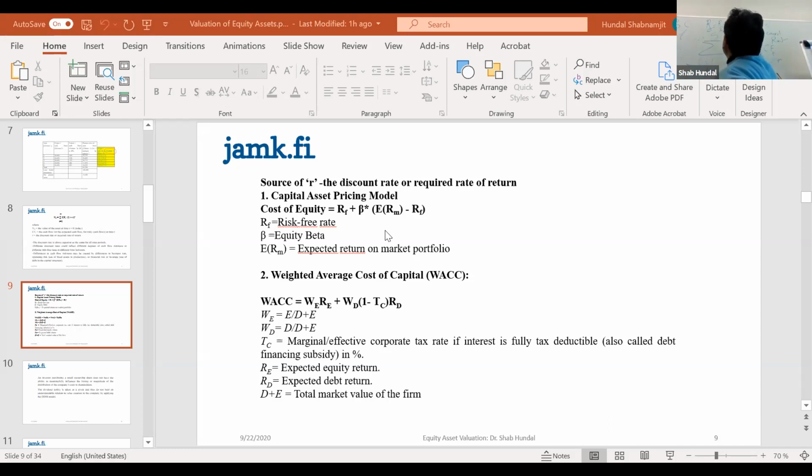And this is equal to RM, the market return, minus risk-free rate. And that would give you the minimum expectation which you must meet for investors. And that we use as R, as a risk factor.